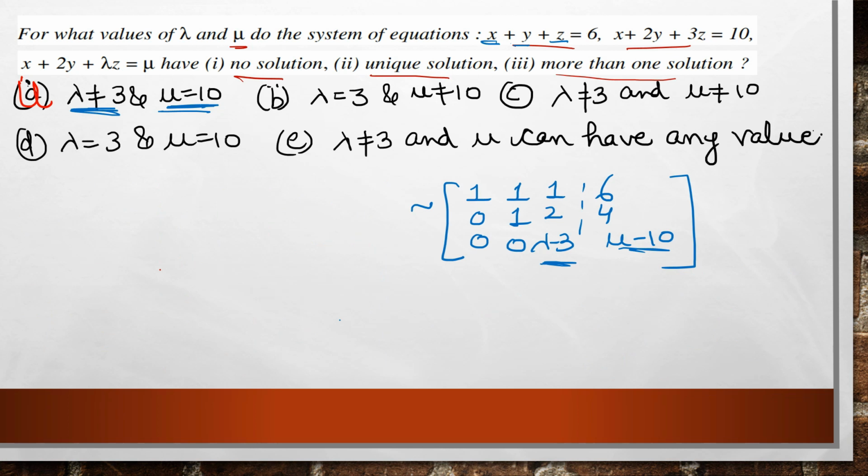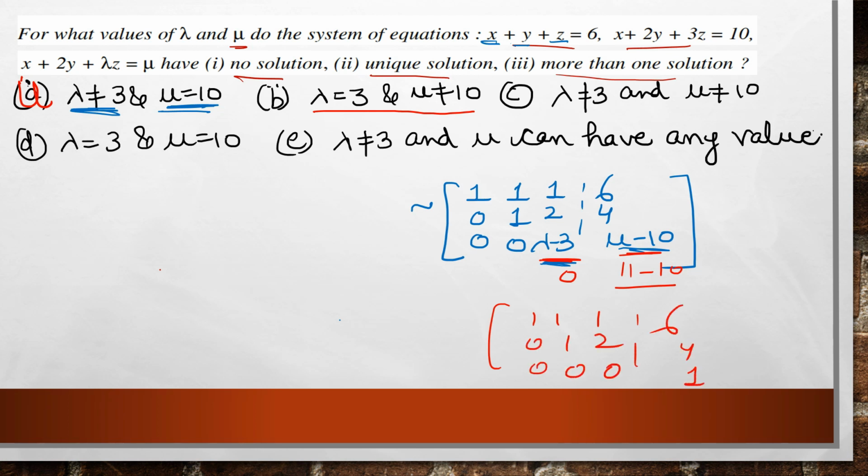Okay. Now let's check the second option. The second option is saying lambda is equal to 3 and mu is not equal to 10, means this thing is 0 but this thing is non-zero. Obviously if mu is not equal to 10, let's say it is 11, then 11 minus 10 will be 1. So this thing is 0 but here you have a non-zero element, 1. Then what will be the rank of the augmented matrix?